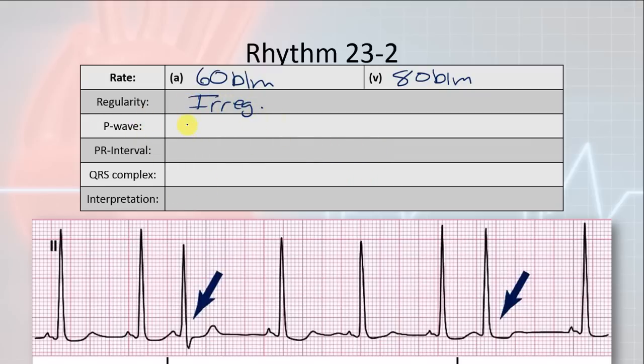P waves. They are present and married, except at which complexes? Looks like the third one, 4, 5, 6, and the 7th one.